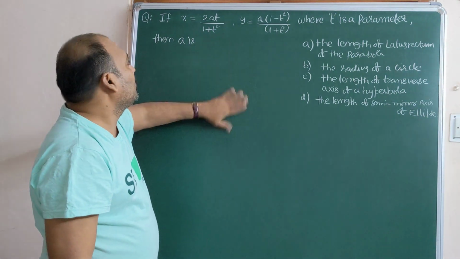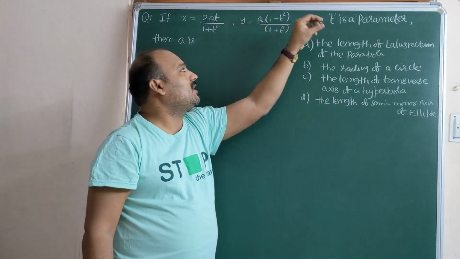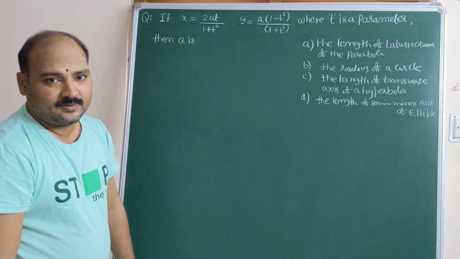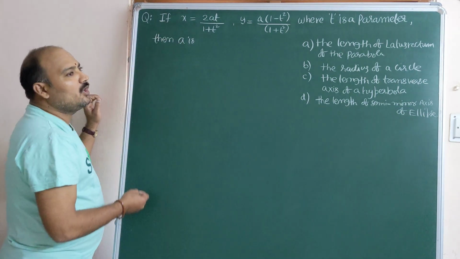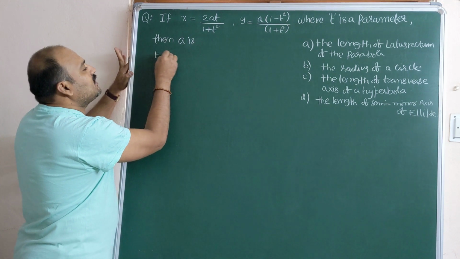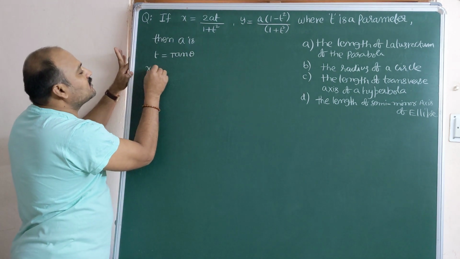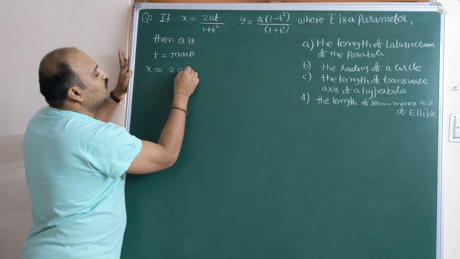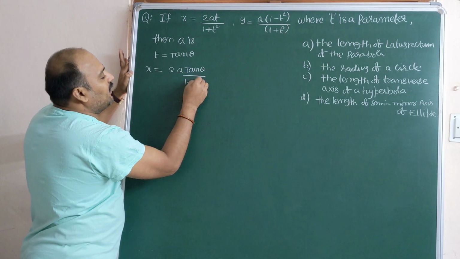Parametric equations: x is equal to 2at by 1 plus t square, y equal to a into 1 minus t square by 1 plus t square. So what we have to do is to eliminate the parameter t. Here a suitable substitution is, if you take t is equal to tan theta, the x value will become 2a into tan theta by 1 plus tan square theta.